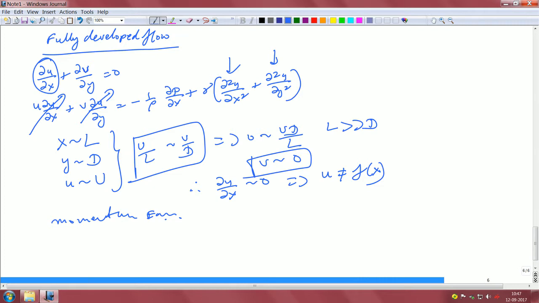So, naturally only one component survives, while the other goes to 0, because it is L square. So, the momentum equation basically vanishes and becomes something like this: dp by dx equal to mu d square u by dy square, after all these manipulations. Only two terms survive, this one and this one, that is it.